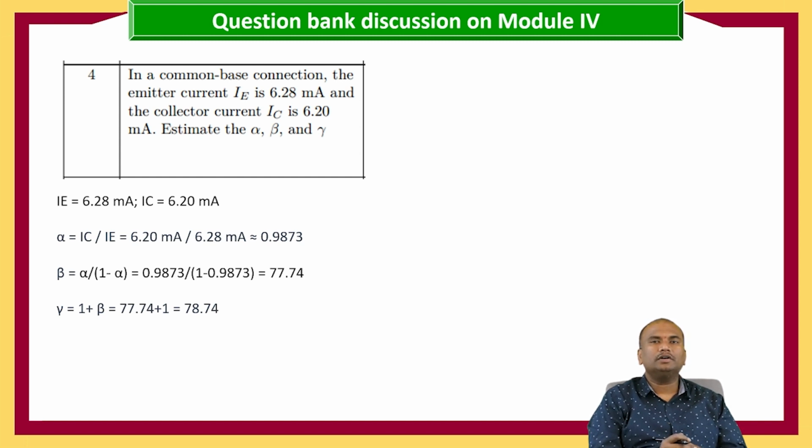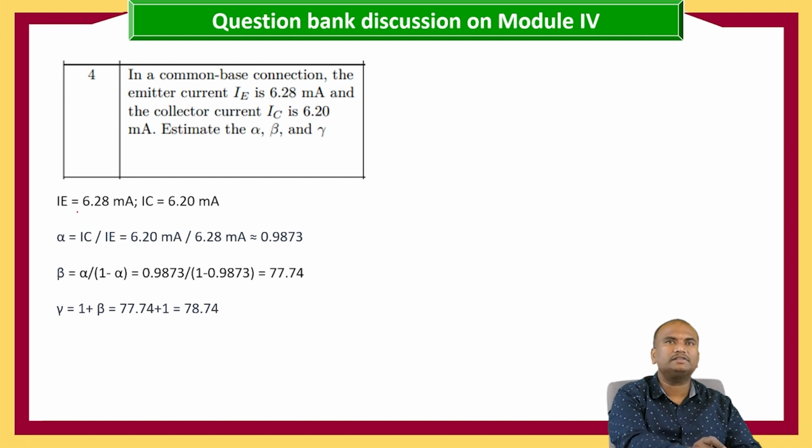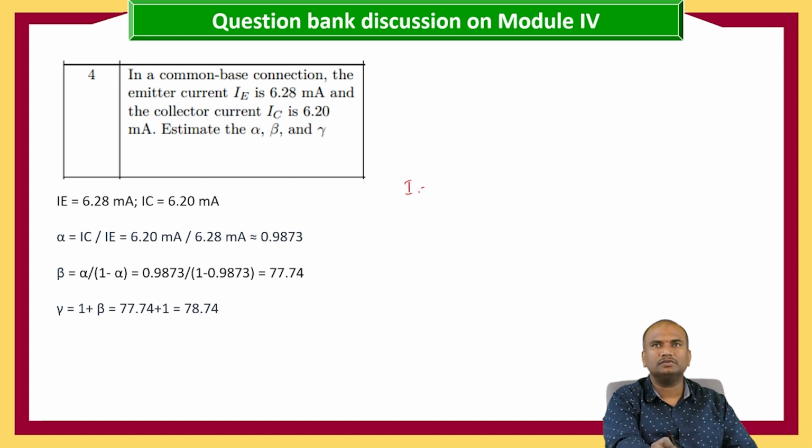So we can go with the calculation of alpha, beta and gamma. Here IE is 6.28 milliamperes and IC is 6.20 milliamperes. Alpha is equal to IC by IE. This is from the formula IC equals alpha into IE plus ICB0.